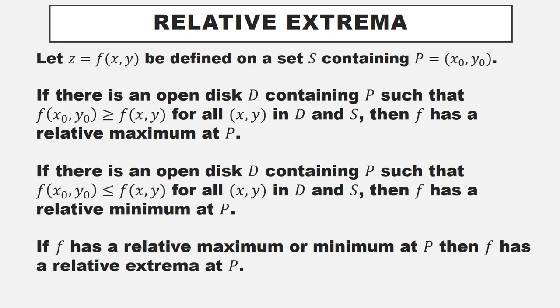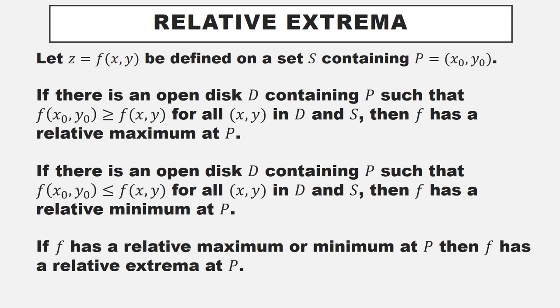And similarly, if we can find an open disk containing P such that the output value of your function when you plug in your point is less than or equal to the other output values around it, then f has a relative minimum at P. So we have a relative maximum if it's the maximum around that area.